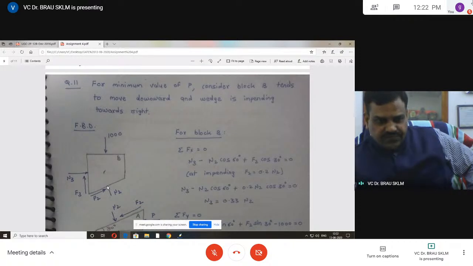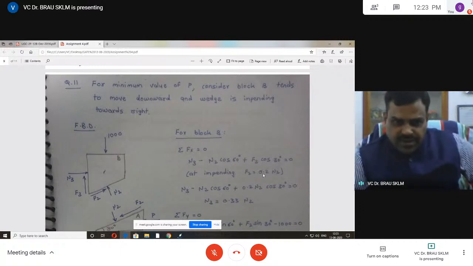Because this is the angle we have to consider with respect to horizontal, with respect to vertical, any angle. Consider this, you resolve N2 cos, sin 60 and vertical N2, because this is 30 and N2 cos 30. N2 sin 30, this is how the N3 minus N2 cos 60, F2 cos 30 at impending.